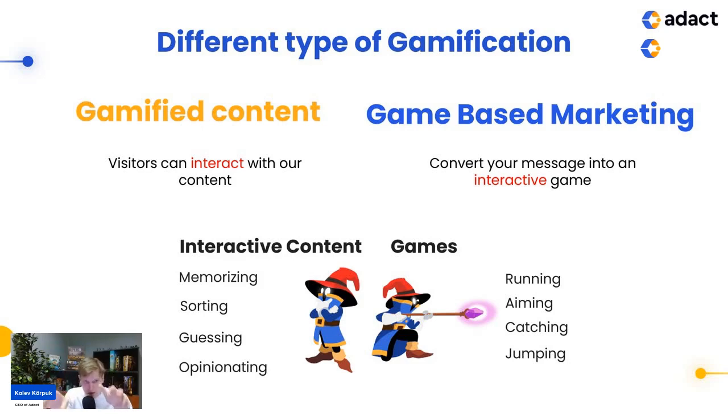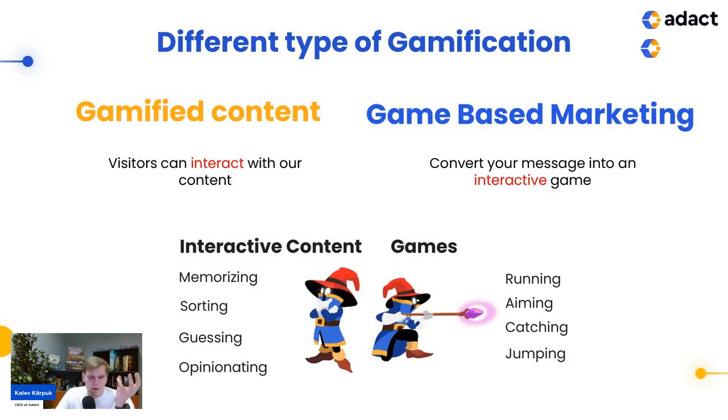In this webinar, we're mostly focused on the first part, which is how we can turn that content into an interactive one. As I mentioned earlier, probably in January I will have a specific webinar covering game-based marketing. So if you're interested in this as well, keep your eye out on the notifications. I will probably launch the next webinar pretty soon.